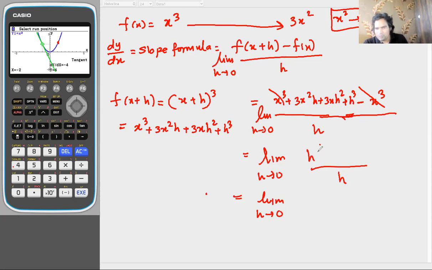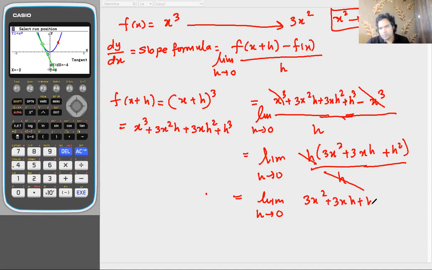Now you take h common. So if I take h common, you get 3x squared plus 3xh plus h squared. And this h and this h should be striked out every time. Now, all the terms that contain h, because h is close to 0, I can ignore them.